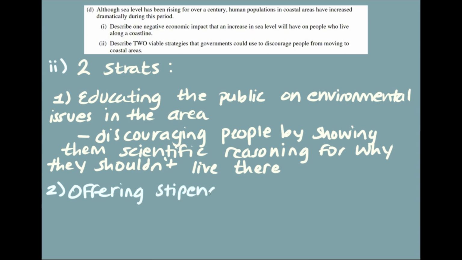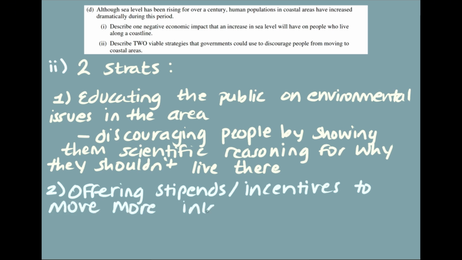There we go. Essentially, what this would do is, if you have jobs, if you have houses, if you have reduced property prices, that could be an incentive for people to not live in the coastal areas.